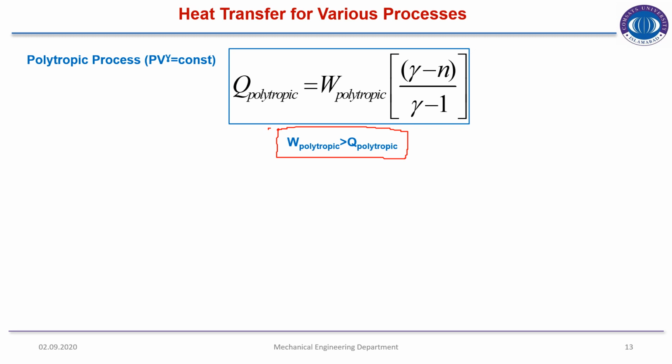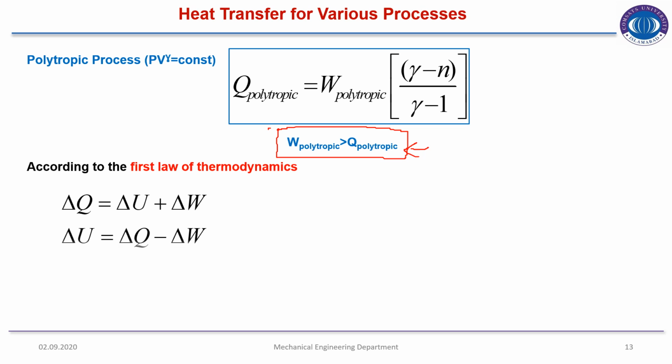So when you are solving any problem and your answer suggests that heat transferred in polytropic process is greater than work done, then your answer must be wrong, because you have already proved that the work done in the polytropic process is always greater than heat supplied during the polytropic process.